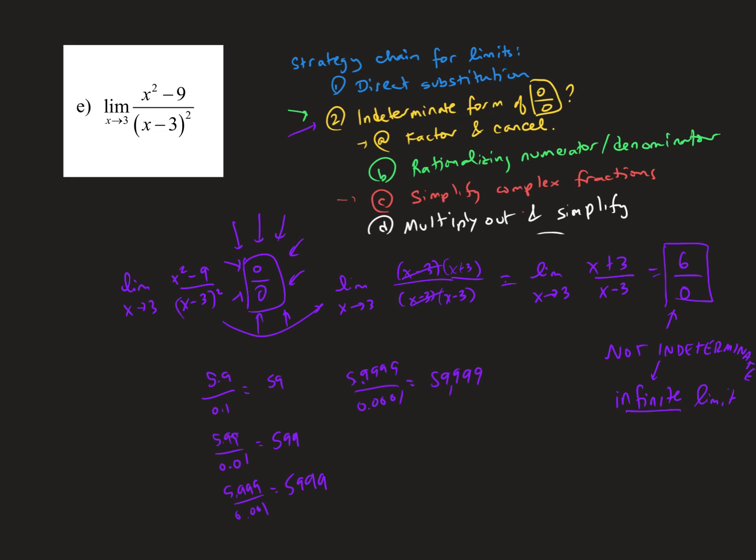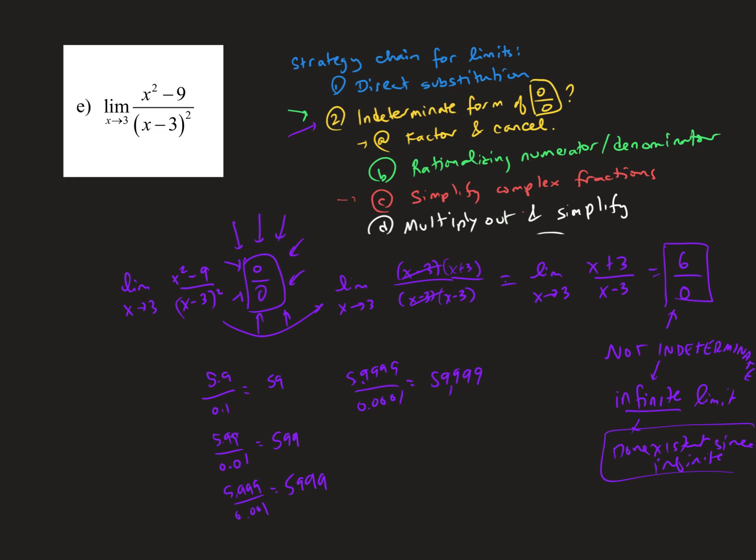Now, remember, one of the things that we can say is that this limit is going to an infinity, but whenever you have a limit that's going to an infinity, that limit is non-existent, right? So since it's going to infinity, the limit would be non-existent.